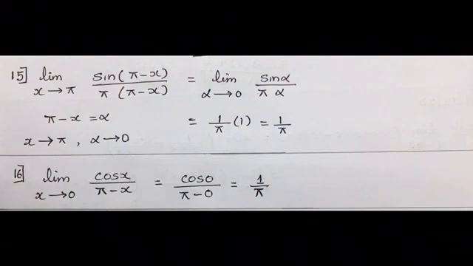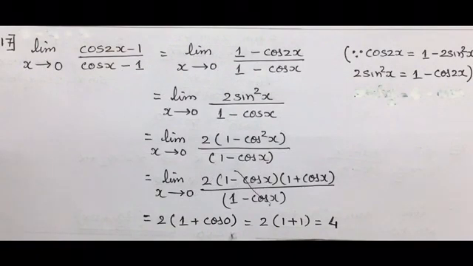So we'll be keeping directly x equal to 0. So cos 0 divided by pi minus 0. Cos 0 value is 1. Pi minus 0 will be pi. So the answer will become 1 by pi.